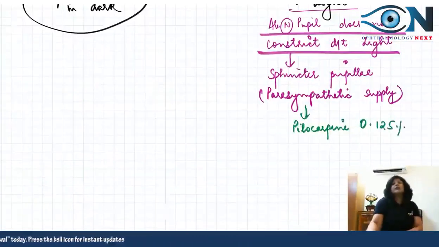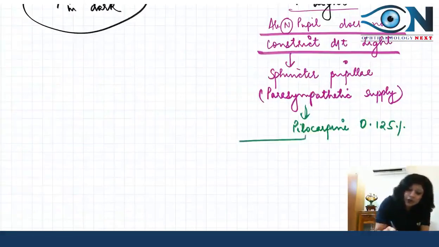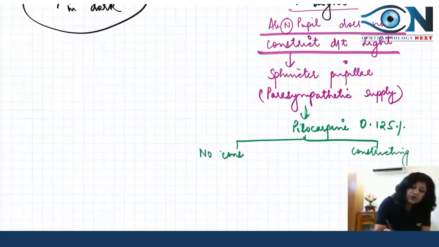Give pilocarpine 0.125%. So when you give this pilocarpine, you have to see whether it is constricting or not. Now there are two options: if it is constricting, or if there is no constriction, right? So you have to check it.